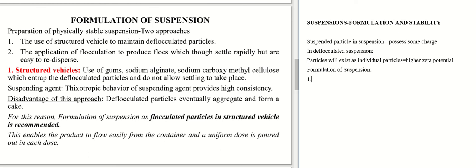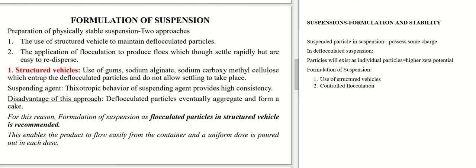The first one is the use of structured vehicles. The second one is controlled flocculation. These are the two major strategies by which we can improve the stability of a suspension.